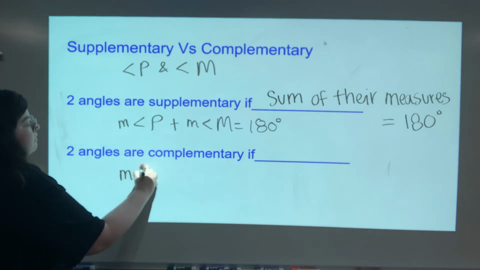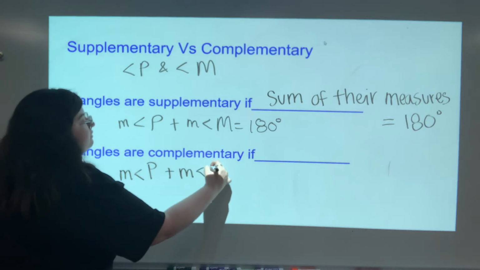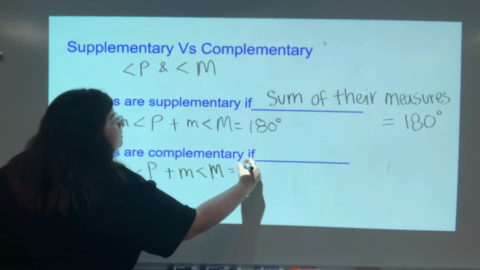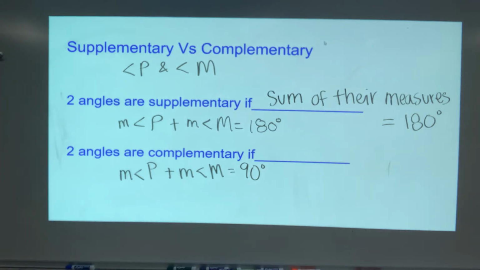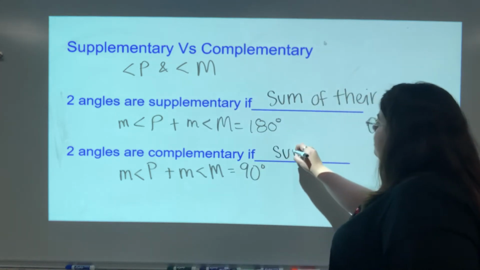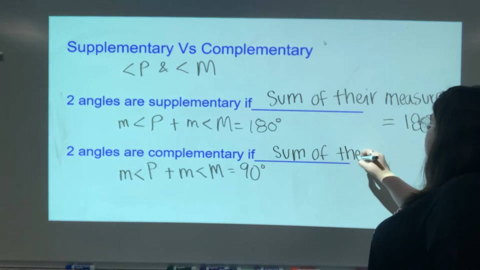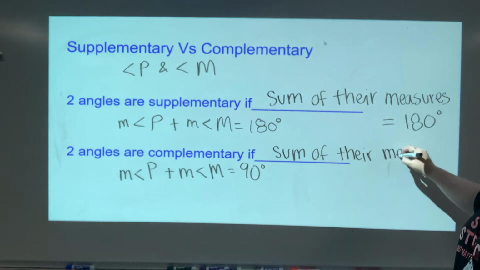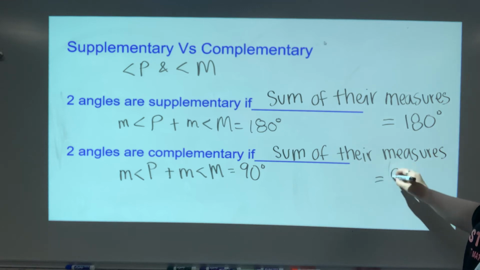So, the measure of angle P plus some measure of angle M are complementary if their sum is 90 degrees. And I'll write that out for you. Sum of their measures or measurements is equal to 90 degrees.